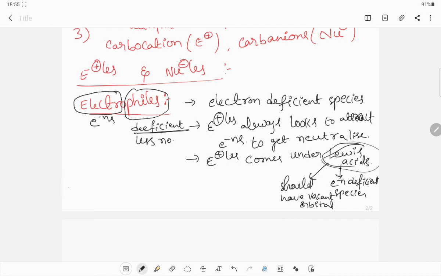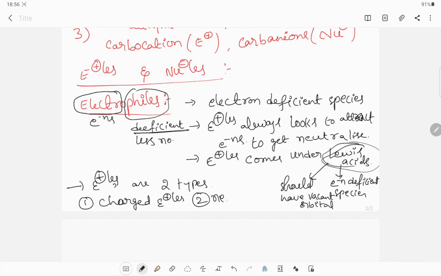Next point: electrophiles are mainly categorized into two types. One is charged electrophiles, and the second is neutral electrophiles. Charged electrophile means the electrophile has a positive charge.